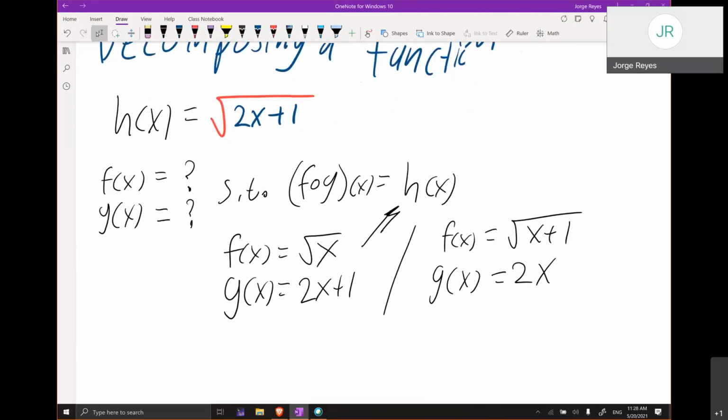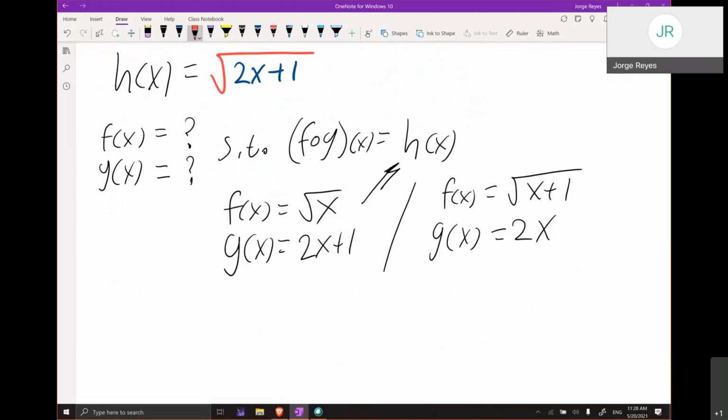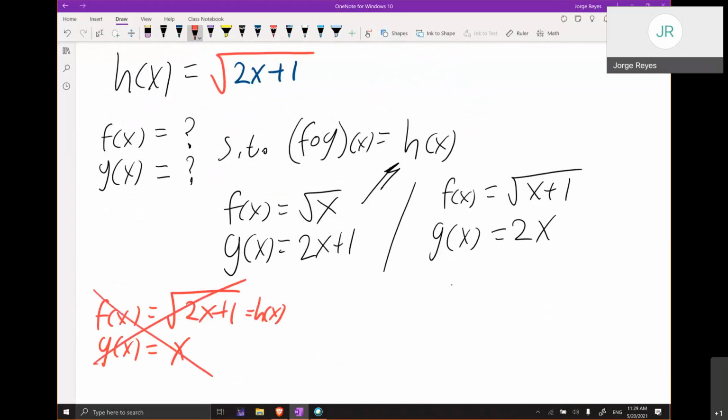Technically, this is cheating and you will not receive credit, but you could make f of x equal to square root of 2x plus 1 and g of x equal to x. That'll always work, which gives h of x. It's just defeating the purpose, so you will not receive credit.